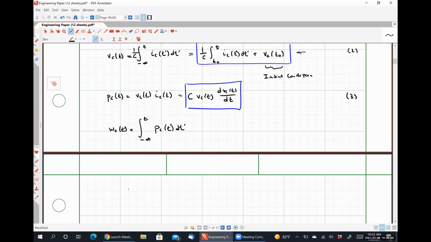which will be the integral from negative infinity to t of C V_C dV_C/dt. All these t's should be t primes, excuse me, dt prime. And so we can see that those two dt primes cancel each other out.